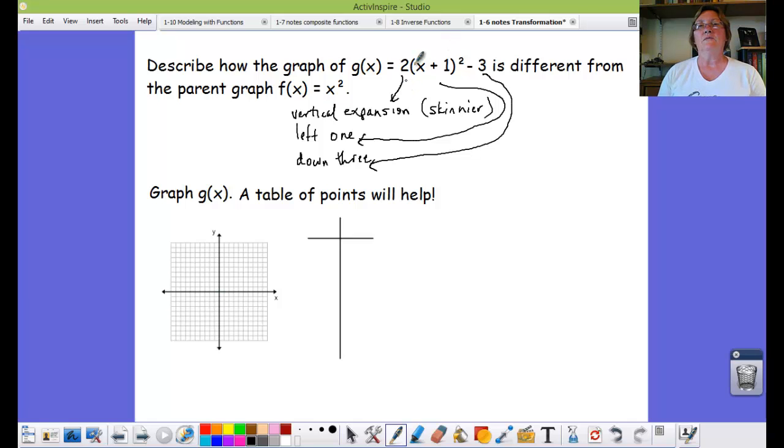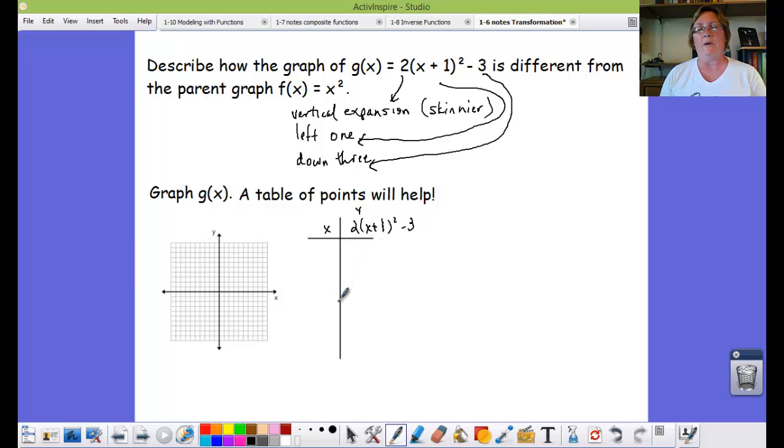When you have that expansion in there, it makes it a little bit more difficult to do that, and I'm going to suggest in a case like this, you will be way better off to create a table of points, and remember our y's are going to be 2 times the quantity x plus 1 squared minus 3.